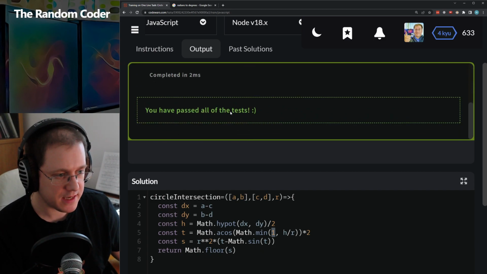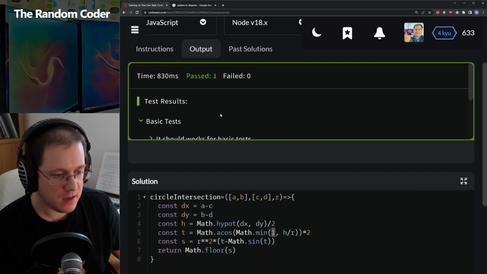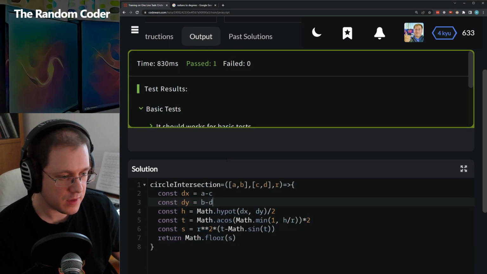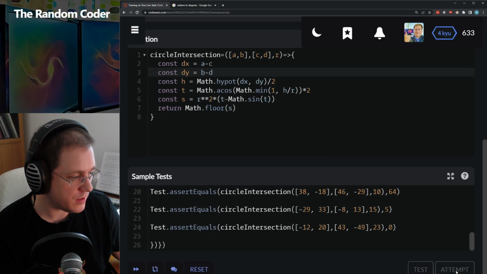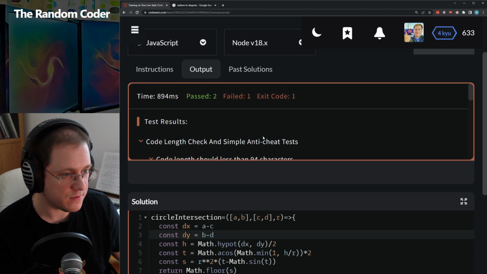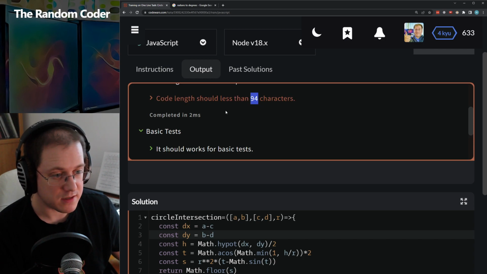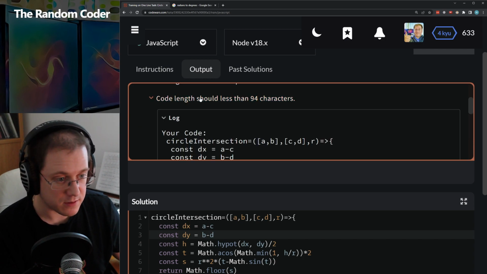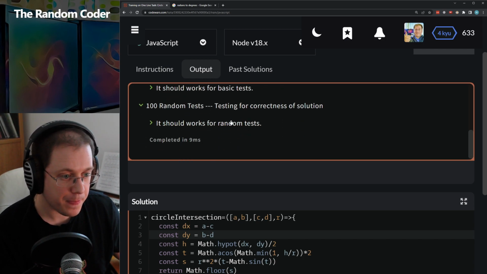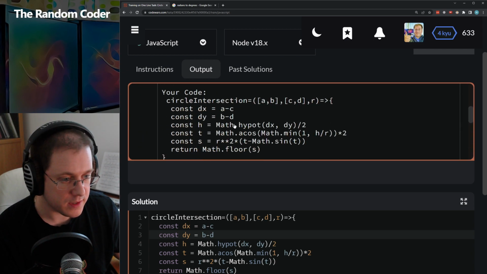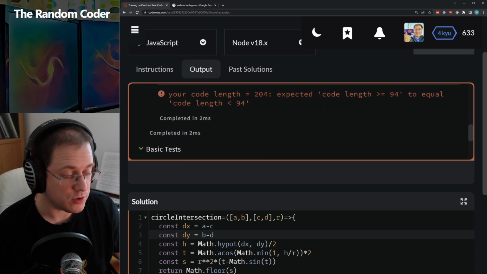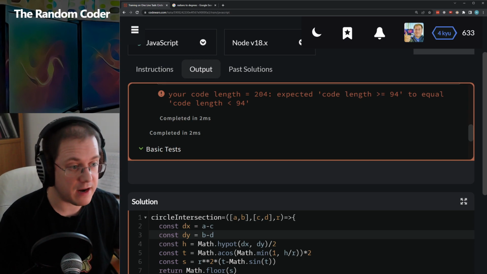Well, hey, and it passes all of the tests. Now this is quite long and quite verbose, which I think means our attempt is going to fail because we should be less than 94 characters, which is where the challenge is about to begin. What is our length? 204. So we're over 100 characters too long.